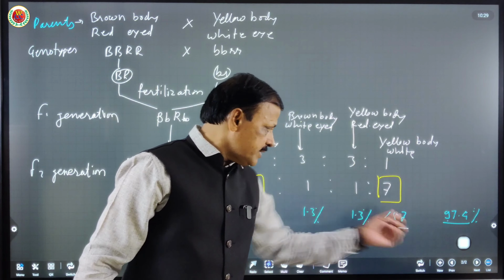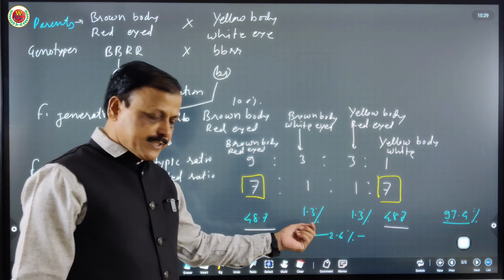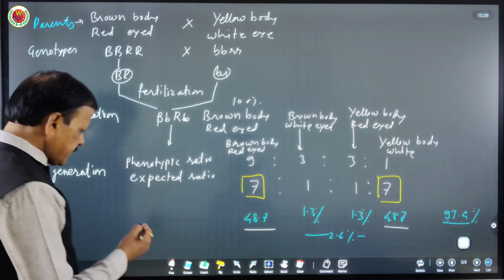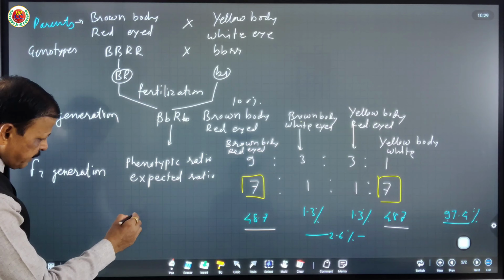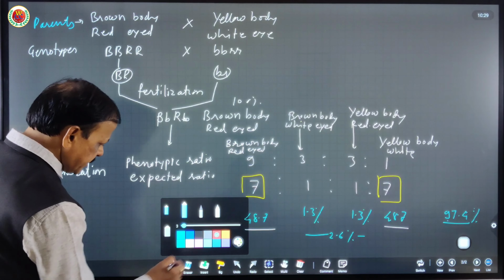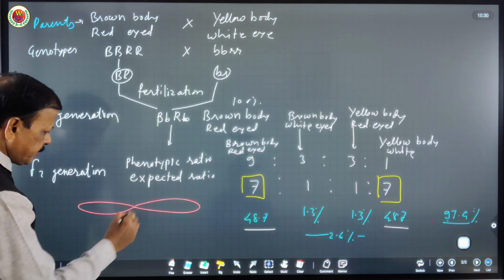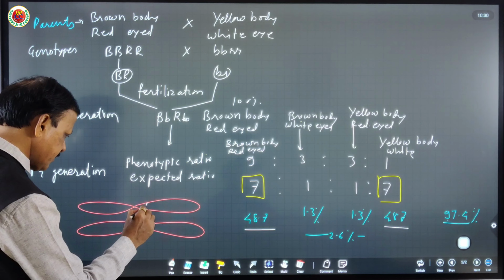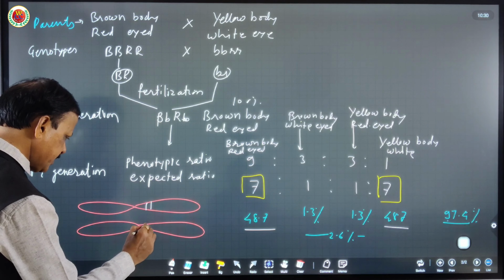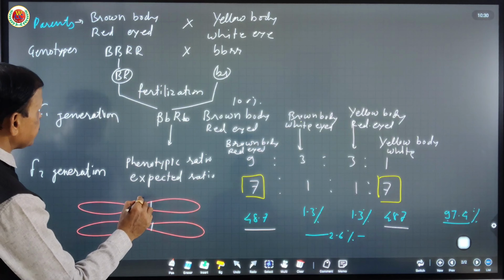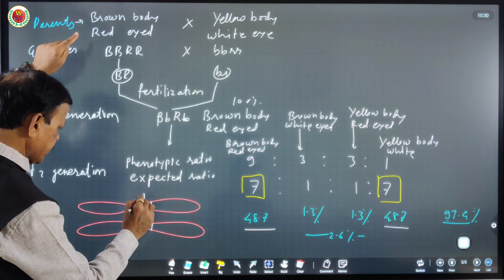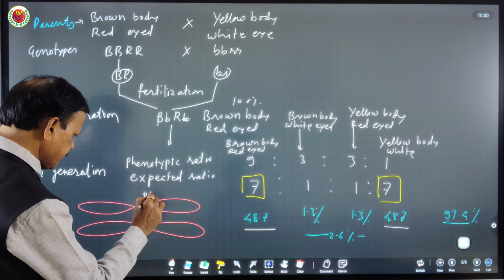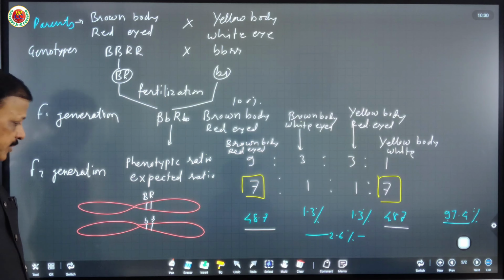It shows that only 1.3% is the recombination. That means the genes are just 1.3 map unit distance away from each other. To understand, if we draw these two chromosomes as a homologous pair, and these genes are present at loci very close, that is 1.3 map units away. Here, if brown body is capital B, then yellow body will be small b, and if red eye is capital R, then white eye will be small r.